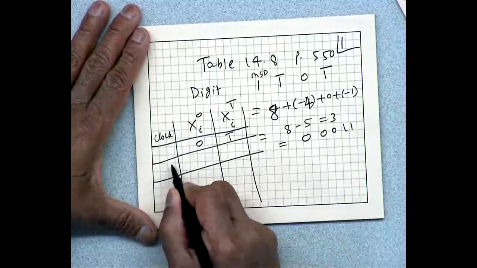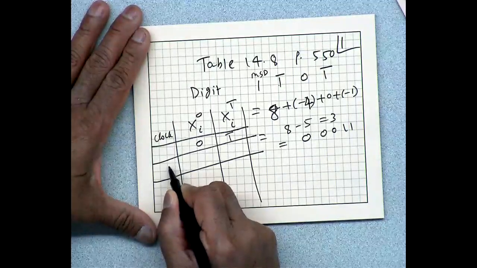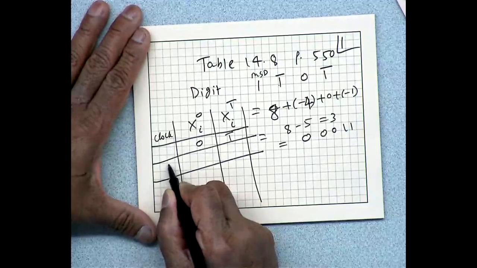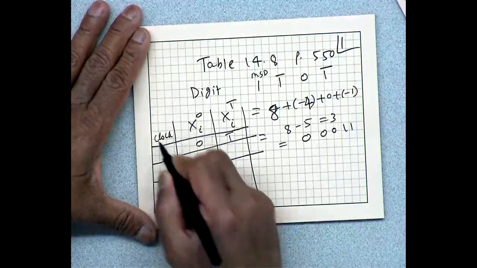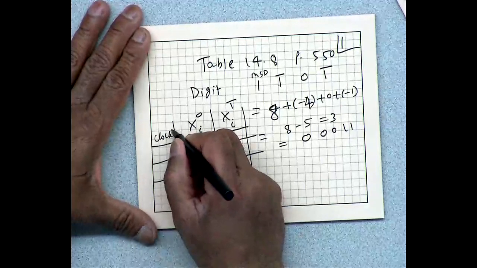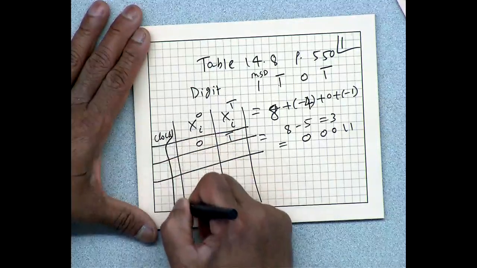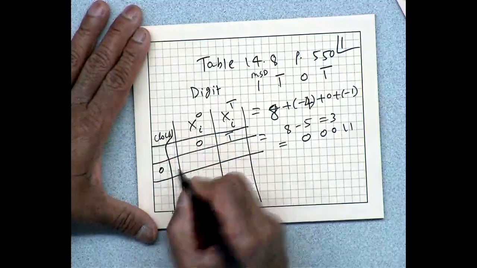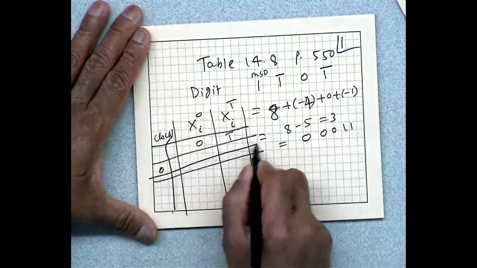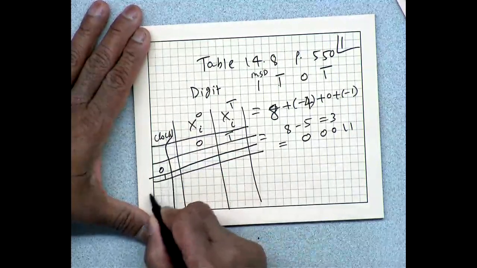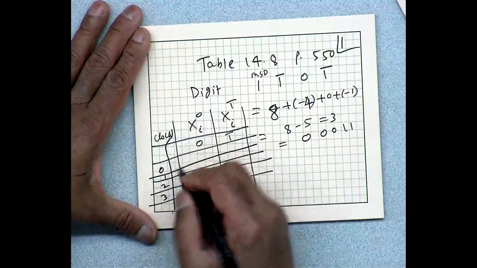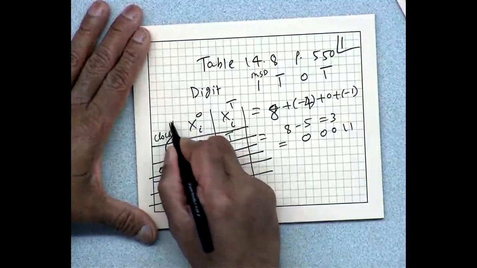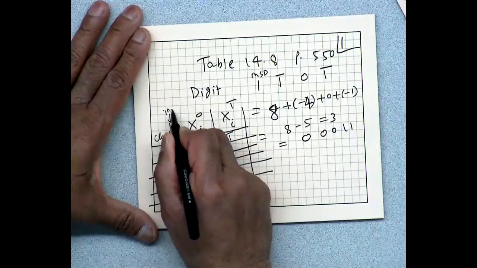So in clock cycle 0, okay, let me try to put the clock cycles here. Clock cycle 0, clock cycle 1, 2, 3, and let's call this one here the input.